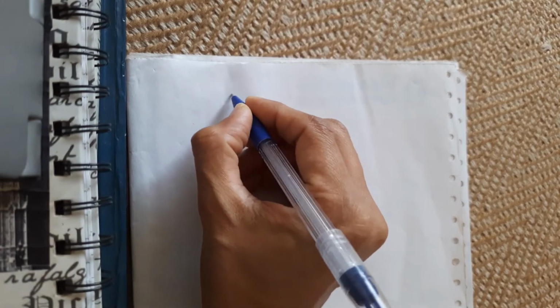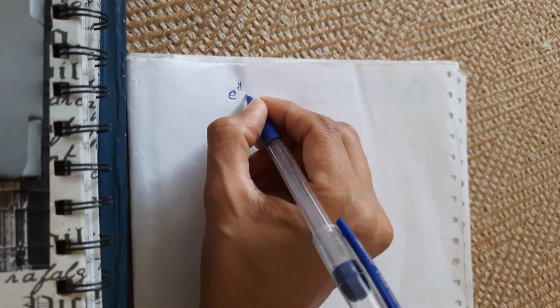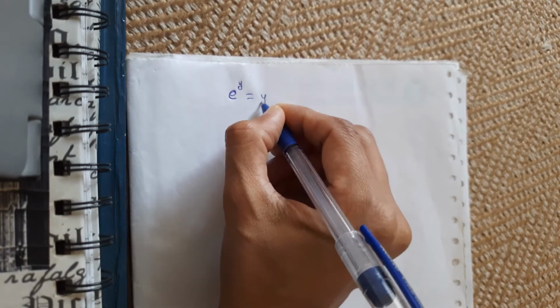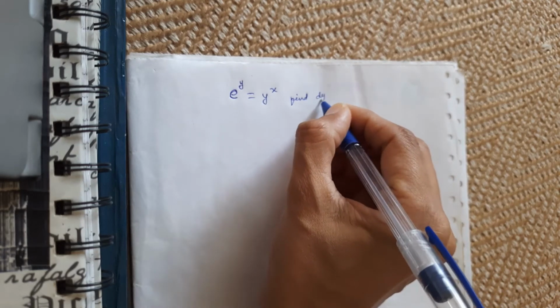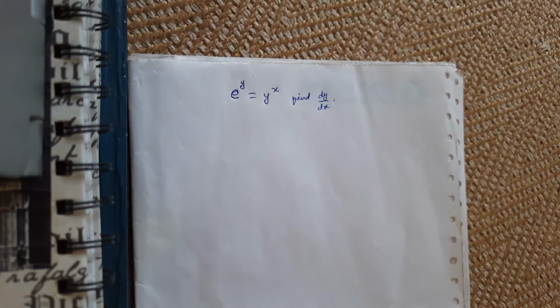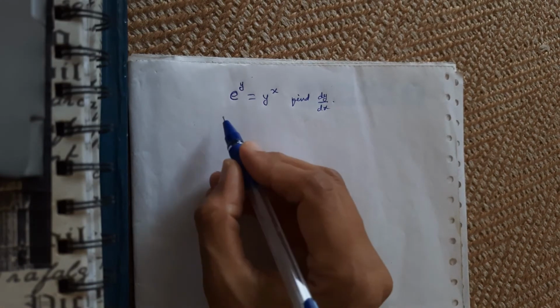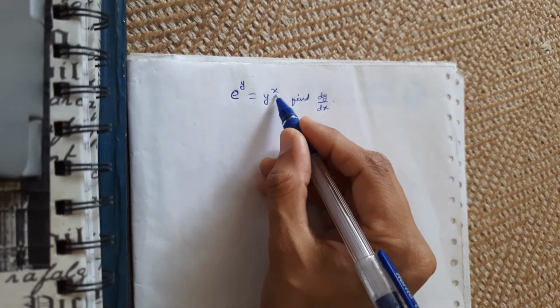Okay, the next example that I want to discuss is: we want to find dy by dx for the function e to the power y equal to y to the power x. Now again, this is very difficult, right, to find a direct derivative, because the power and base are both variables.